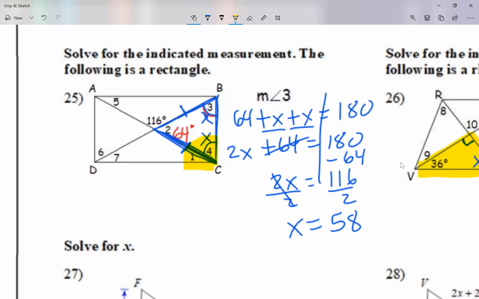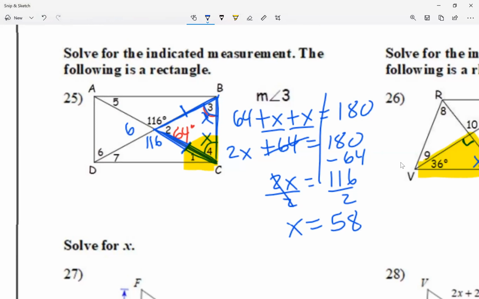These two angles add up to 90, right? It's a rectangle. So if I know angle 4, I can solve for angle 1. Another thing I could have said, this angle right here is 116, and this angle right here is 64. Remember the vertical angle theorem, when there's an X, opposite angles are equal to each other. And then from there, you can continue, right? You can solve for other angles.